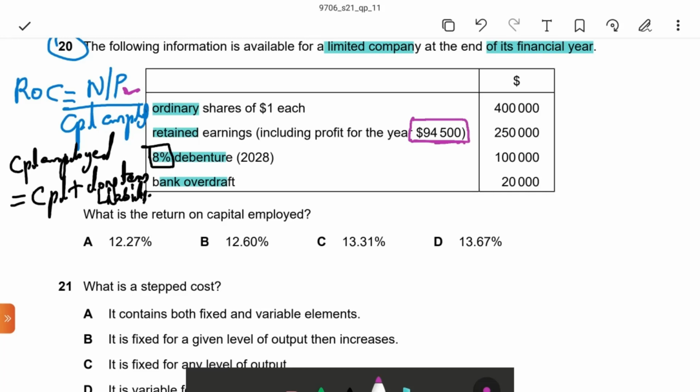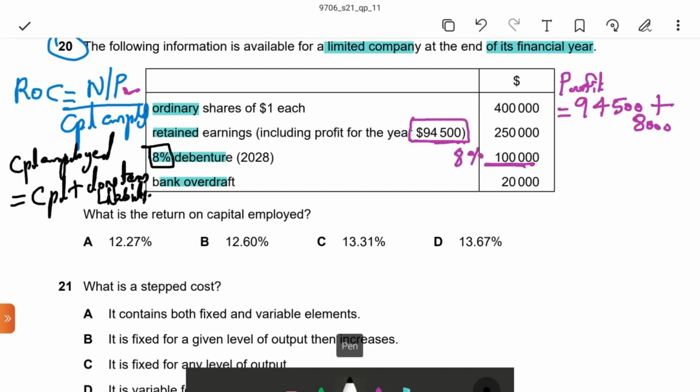Actual profit is equal to 94,500 plus 8% of 100,000. 8% of 100,000, 100,000 multiplied by 8 divided by 100, how much does it come to? 8,000.